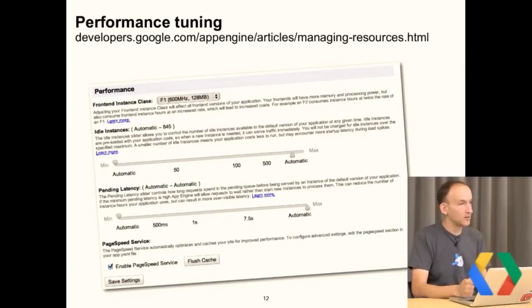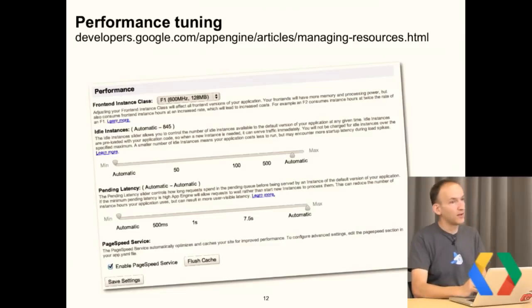So a couple of the typical things that you'll do is if you want to make sure that your application is all warmed up and you're ready to serve a lot of traffic in a very short period of time, and that's the most important thing for you, then you probably want to raise min idle instances. And that means, that tells App Engine, that's a signal to App Engine to keep more instances warm and ready in case there's a sudden increase in traffic.